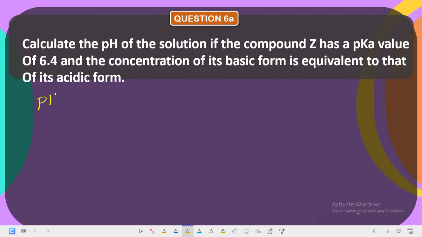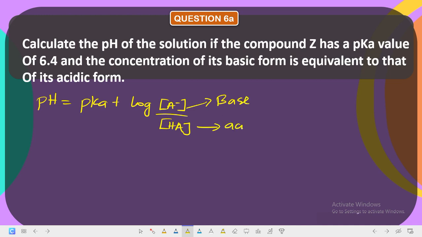It is the Henderson-Hasselbalch equation, which is pH equals pKa plus log A minus over HA, where A minus is the base and HA is the acid. Now, they gave you the pKa value, which is 6.4, and ask you to calculate the pH. What will be the pH?